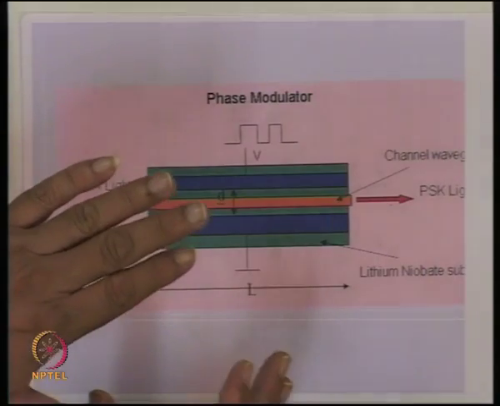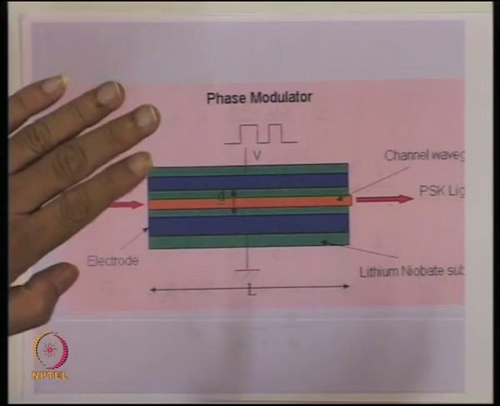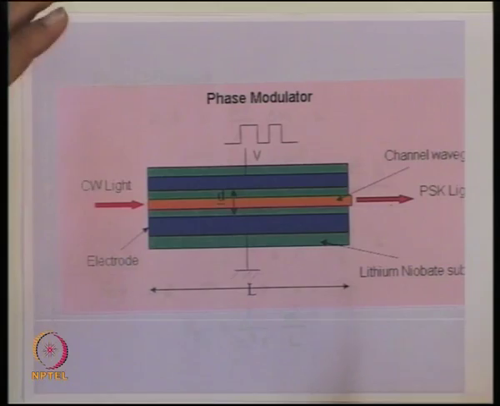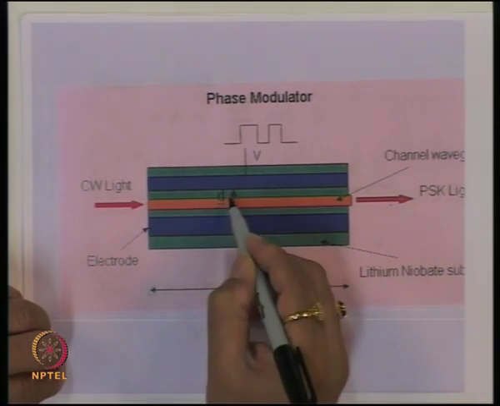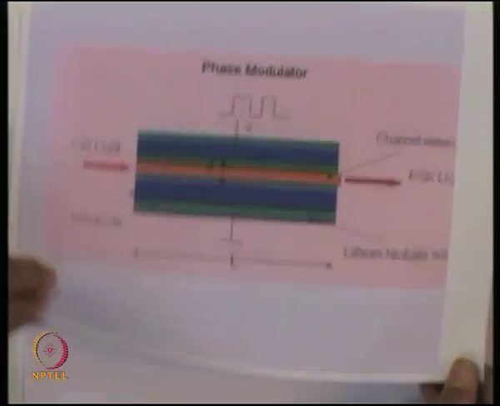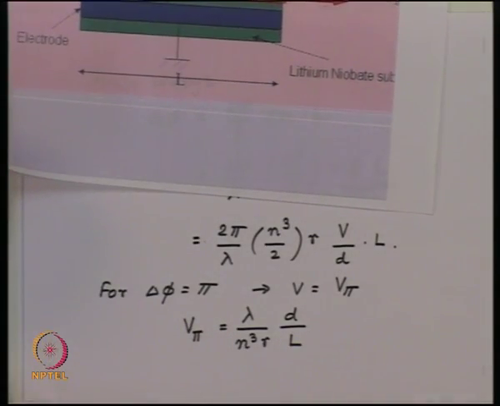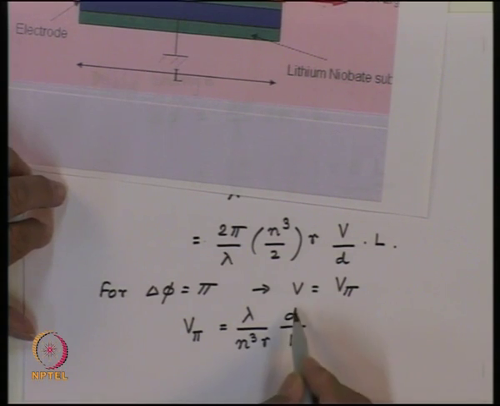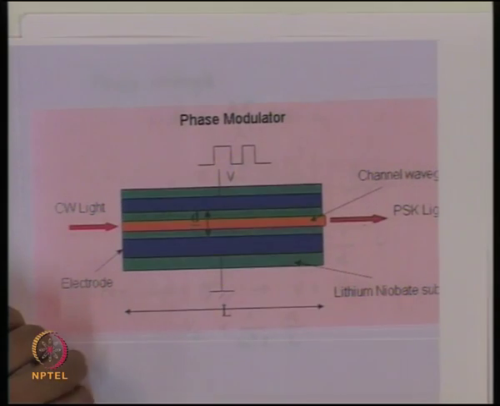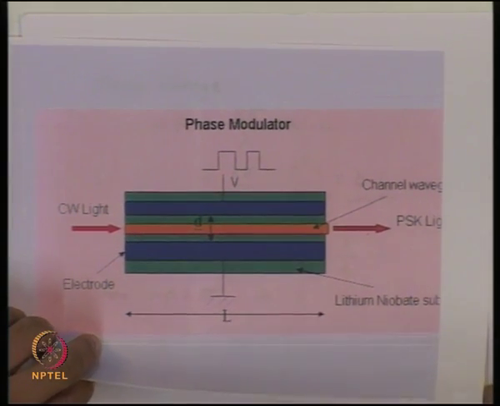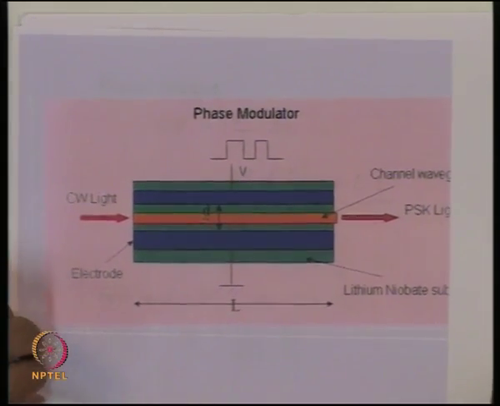So the separation between the electrodes cannot be arbitrarily decreased to get the value of V pi. We see that there is a limitation on all these quantities, we cannot reduce D significantly, and that is the reason one will require a substantial length to get the V pi voltage reasonably low.